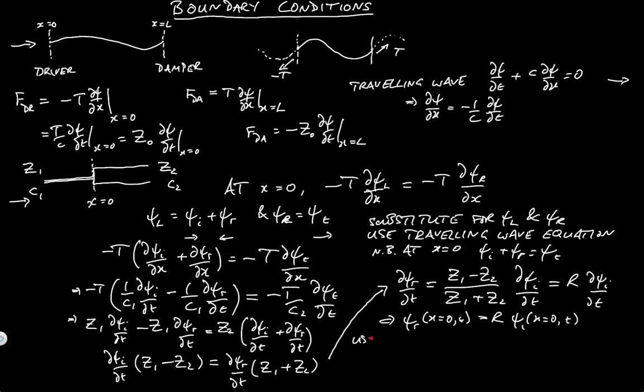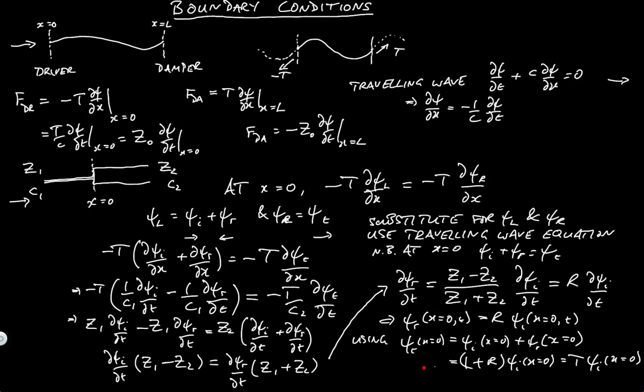And then using the fact that psi t at x equals 0 is equal to psi I at x equals 0 plus psi r at x equals 0, that then gives us that that's equal to 1 plus R psi I at x equals 0, which is of course capital T times psi I of x equals 0. And you can, if you want to, work out that T is equal to 2 z1 over z1 plus z2.